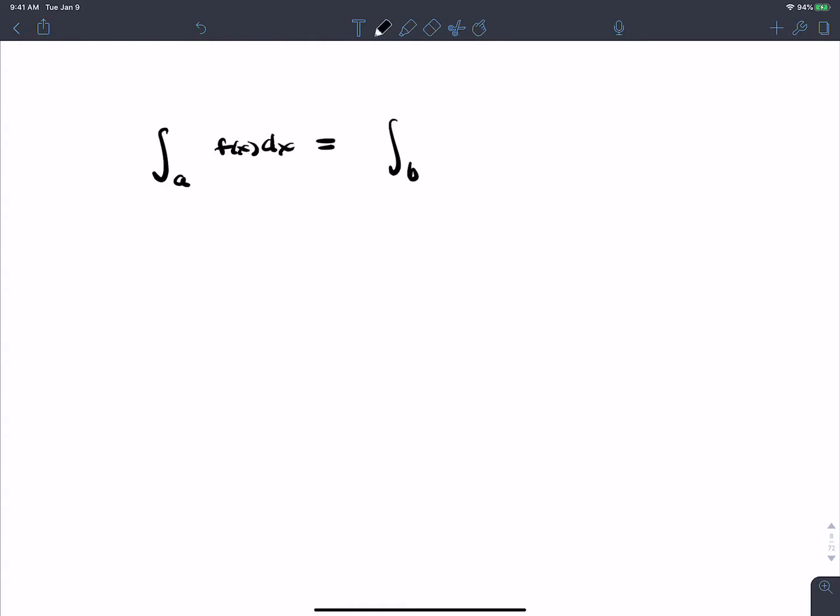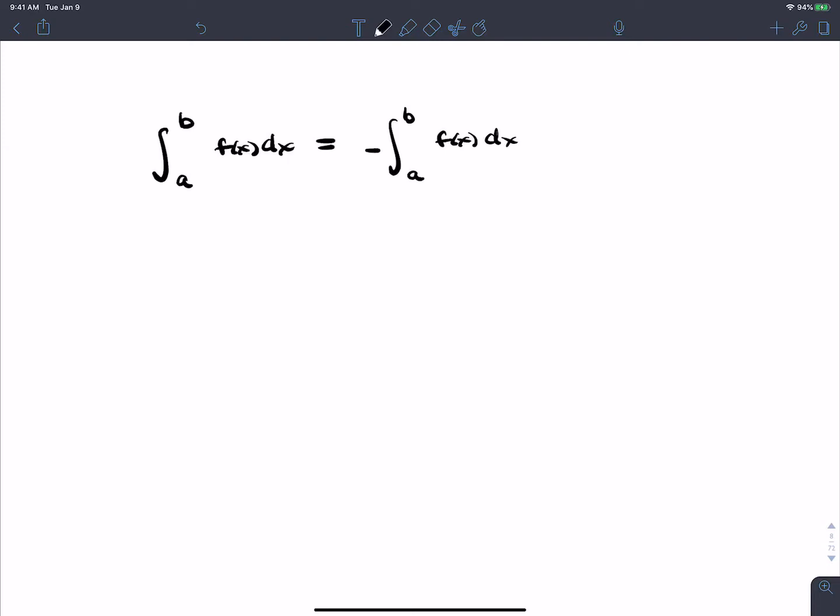We're going to say b and a. I factor out a -1 now. Did I do that? I'm still doing it backwards. A and b. And then now this is going to be what? A and b f of x dx.